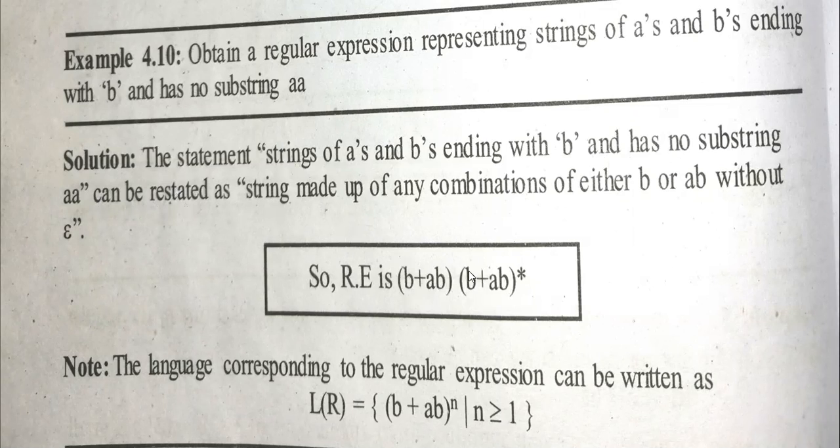If it is the regular expression you are generating, how do you check whether it is in the proper format or not? Try to substitute some values: take b from this, take ab from this. Since you are providing the star, it will occur 0 or more times. Substitute it and verify whether it violates the question or not. If it is not violating, then it is in the proper format. Try to check for different conditions.